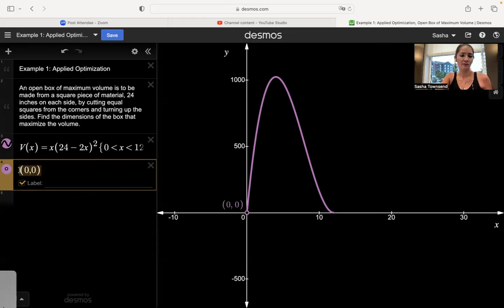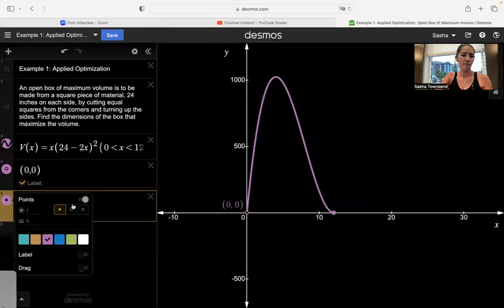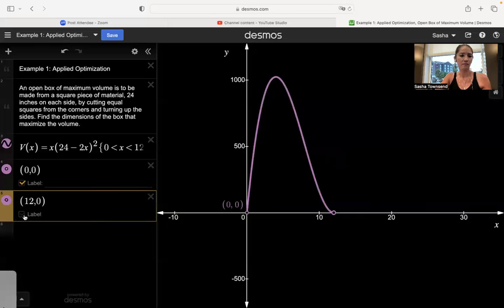And if x equals 12, we don't have a box either. So we can do the same thing over here. But the claim is that we have a relative maximum at x equals 4, and it looks like we do.